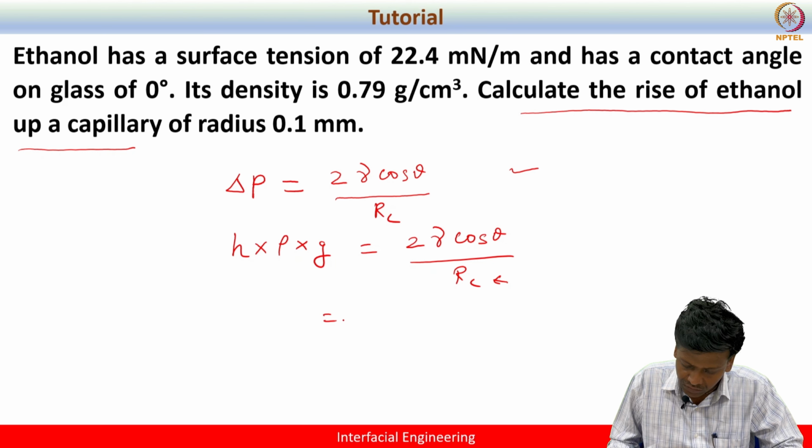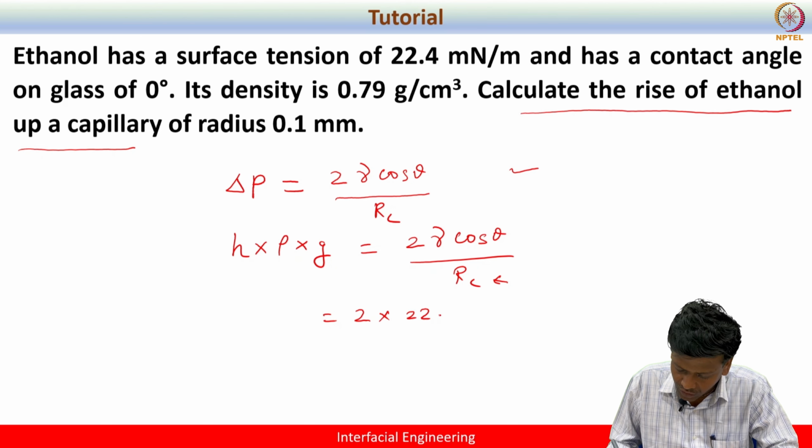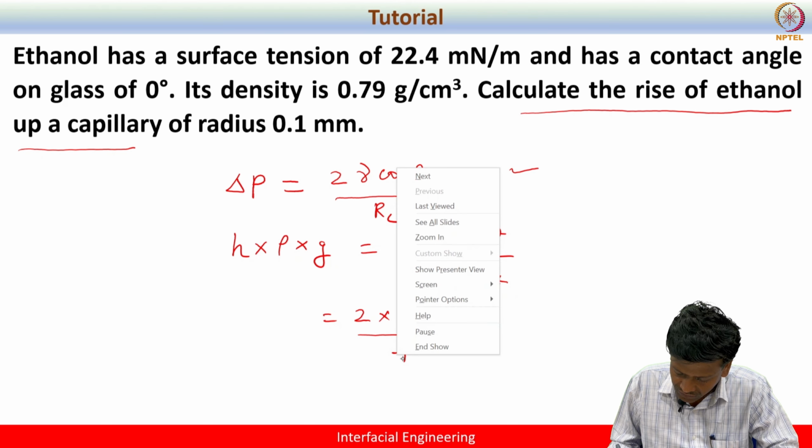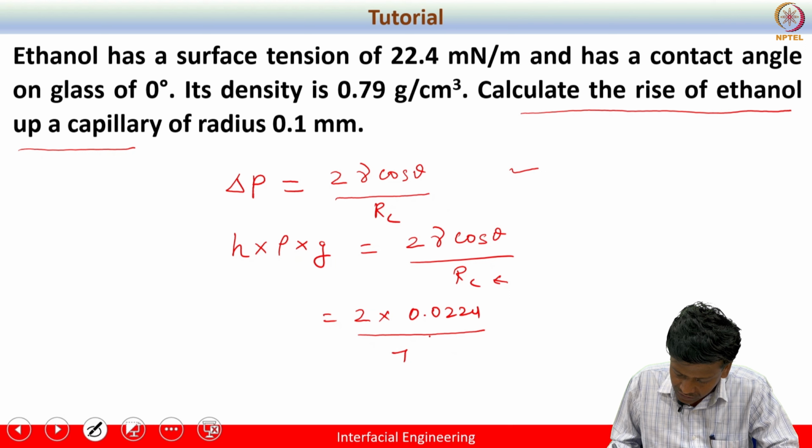So we know 2 into gamma, where gamma here is Lg itself, which is already given here, 22.4, or you can say 0.0224 Newton per meter. Cos 0 is 1, so we don't need to worry about the cos theta component. Then we have density, which is 790 kg per meter cube.